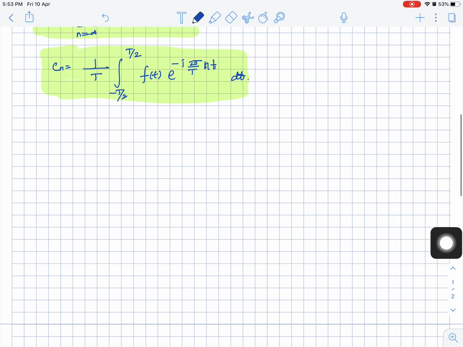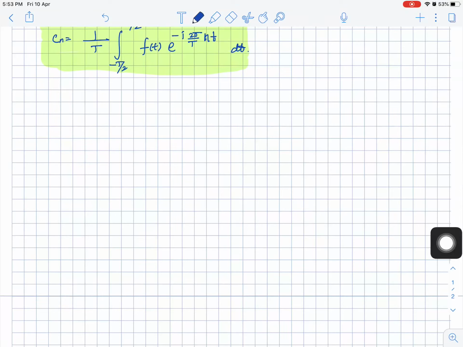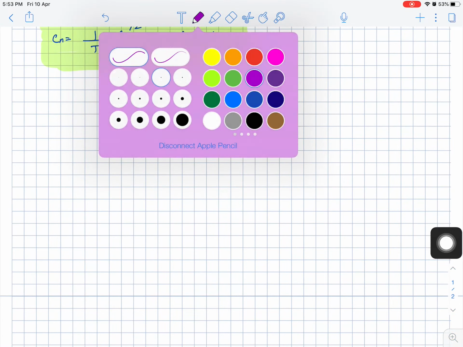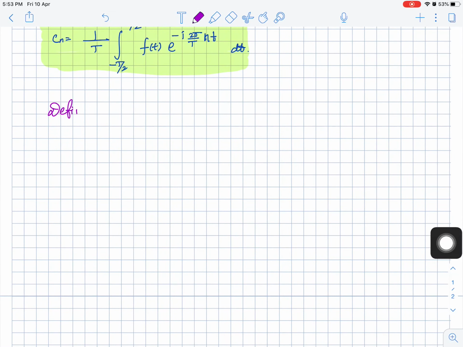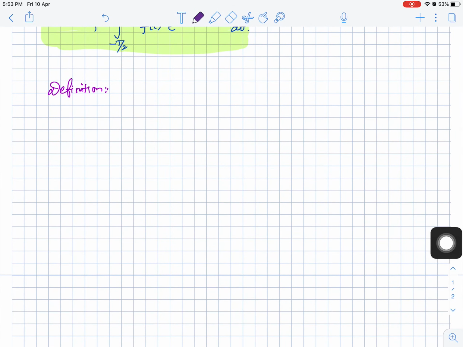So now we will see Fourier series. Sorry, so now we will see Fourier transform. So what is this Fourier transform? This Fourier transform will transform from one domain to another domain. So let's say you have x of t. I will write the definition.